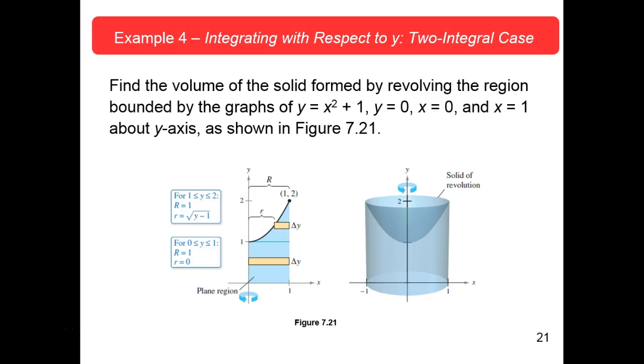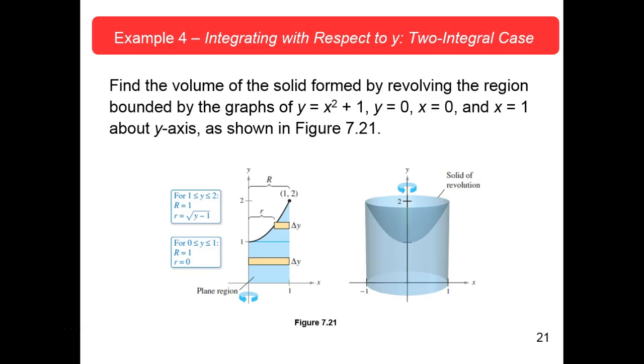Okay? For the part from 1 to 2, then your outer radius again is 1, just like before, but your inner radius is this value here, which is now... Remember, we've got to get this in terms of y, not in terms of x.